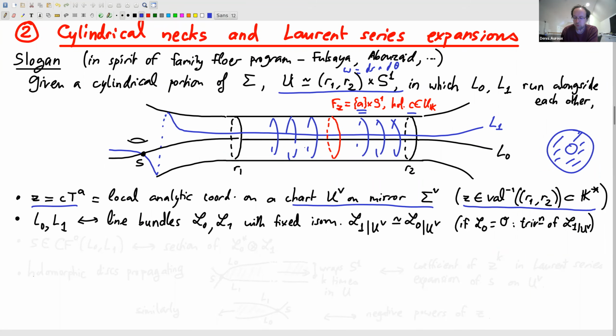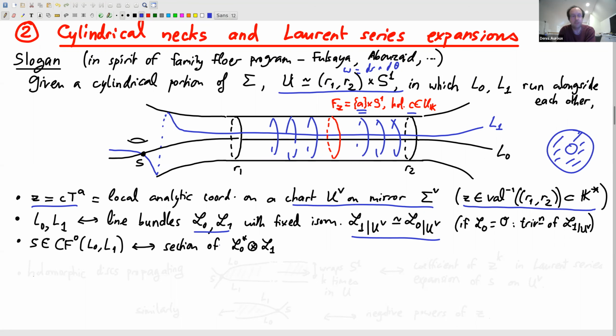Because I asked that my two Lagrangians run alongside each other, I drew them slightly separate, but I really mean for them to be almost on top of each other. Moreover, I have not only two line bundles, but a fixed isomorphism between them on this portion of the mirror. And that will allow me to talk of sections of L0 dual tensor L1, morphisms from L0 to L1, as functions on this piece of the mirror. That's why I want trivializations.